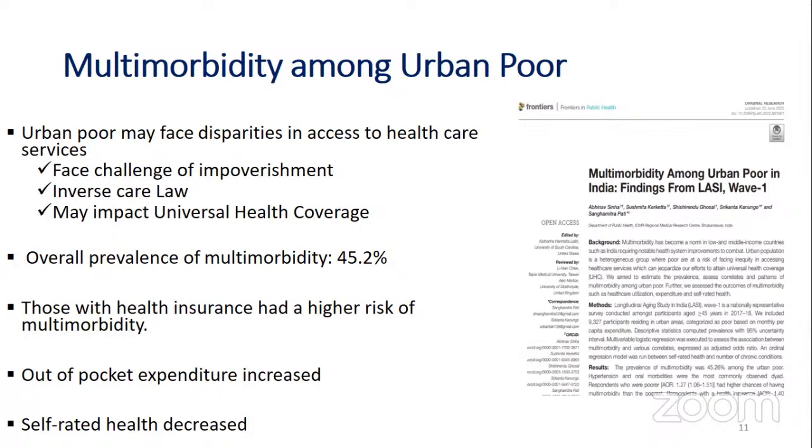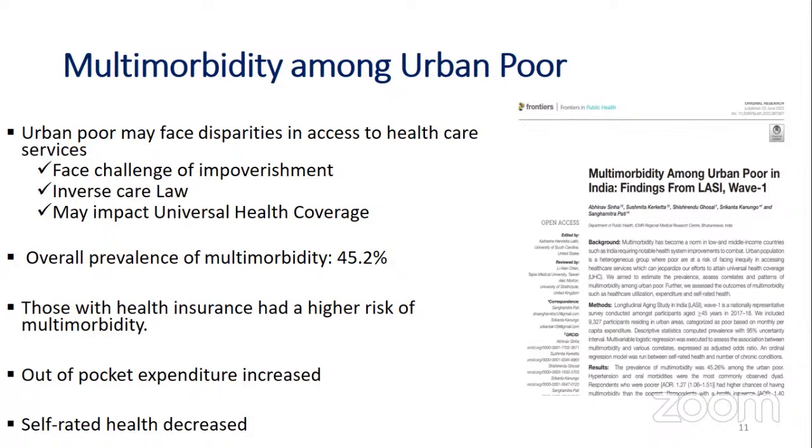Then one important finding which we had amongst urban poor is that those who had health insurance were at a higher risk of having multimorbidity. So this is very important. Why? Because it suggests that those who had health insurance were getting better access to healthcare, and since this data is based on LASI, the Longitudinal Ageing Study in India, which is self-reported data, they were able to report more multimorbidity or more conditions.